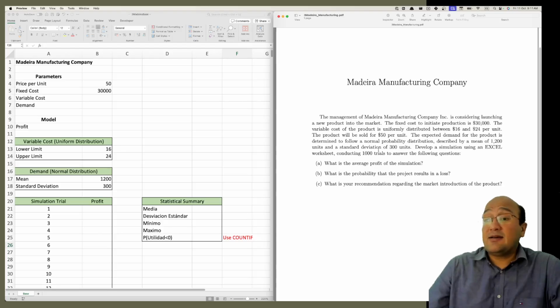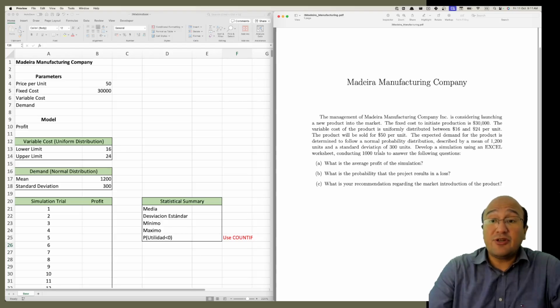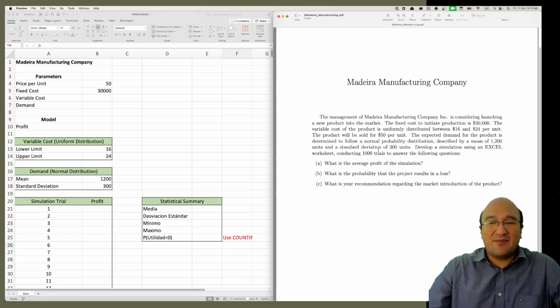With those data, we can generate random numbers that follow those distributions and then calculate the profit. So imagine that we are generating a variable cost for one day, a demand for the same day, and then we can generate the profit of that day. That will be the first step.